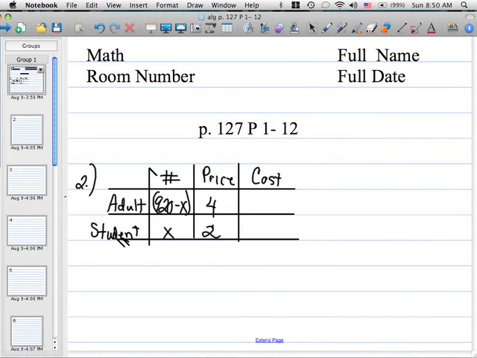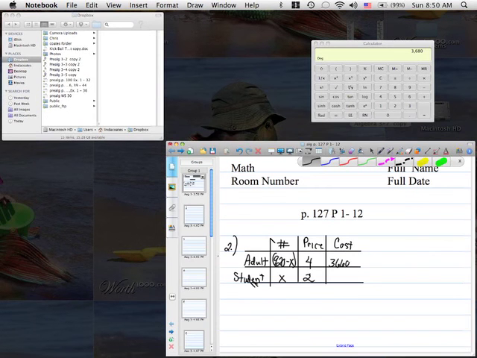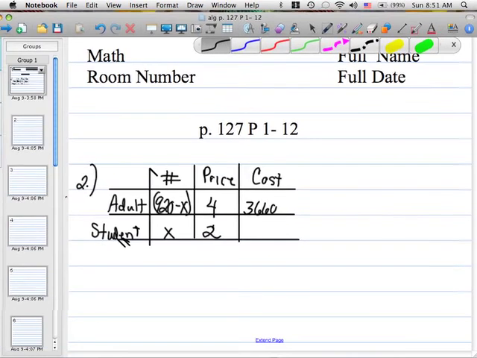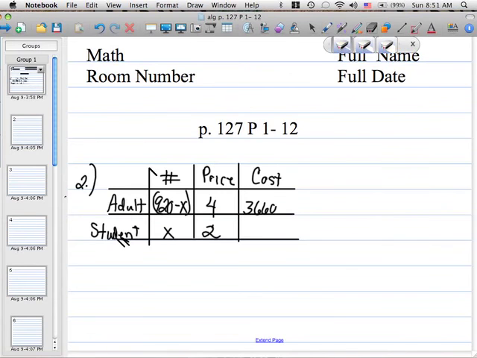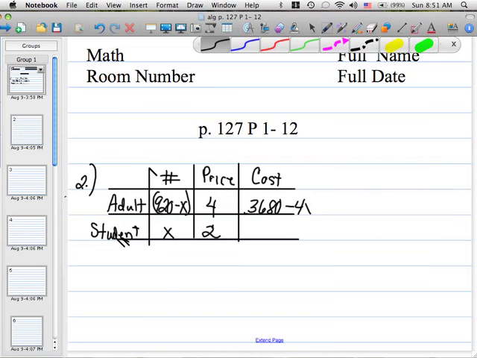This is 3,680. Minus 4x, 4 times the negative x, and student cost is 2x.